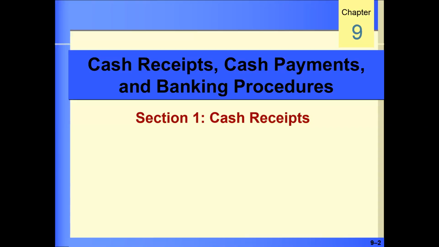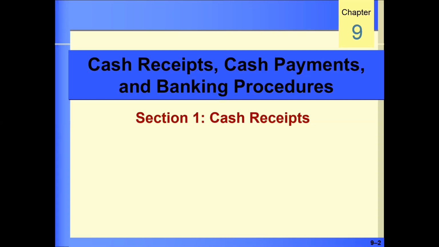How do you set up a control? What happens, examples of controls when they weren't set up well? And we talked about fraud and embezzlement. Everything goes around control, and everything should come home to roost today in Chapter 9.